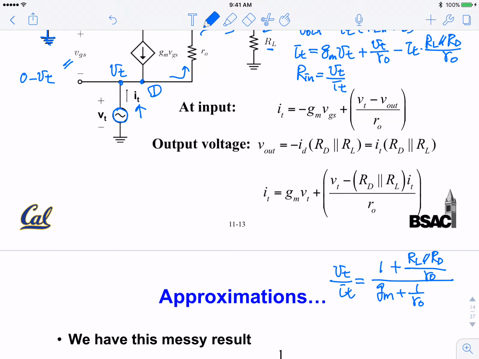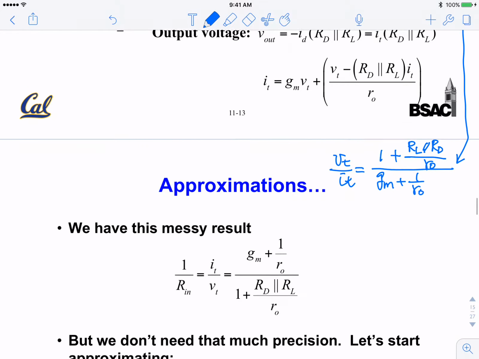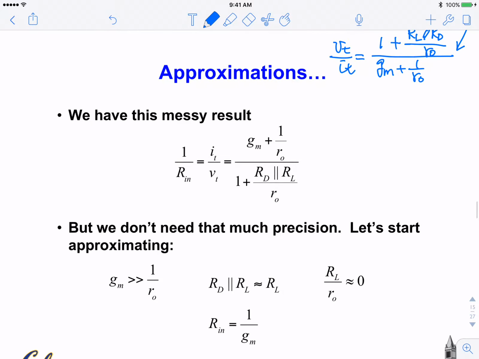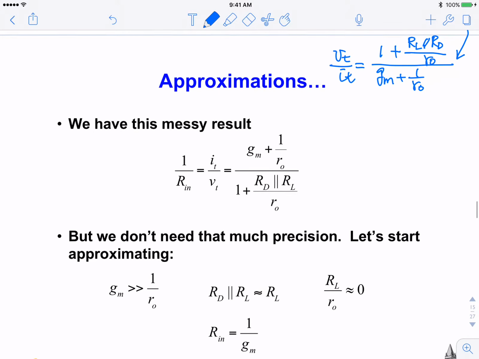That comes straight from this equation here. Simple algebra. Now here they are looking at the inverse of R in. It's actually not necessary. These are exactly the same equation.